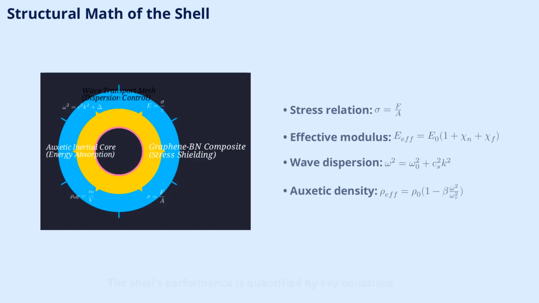The shell's performance is quantified by key equations. The stress relation is given by σ = F/A, where force is distributed over area. The effective modulus, E_F = E_0(1 + χ_n + χ_F), accounts for nano and fiber reinforcement.